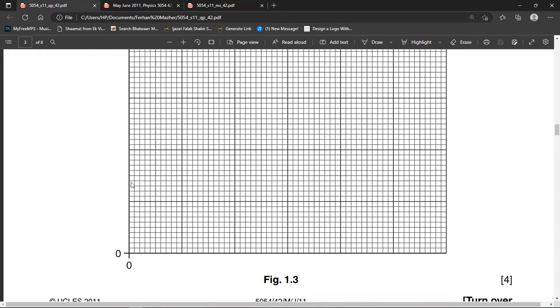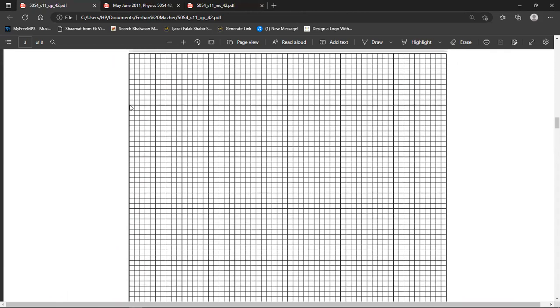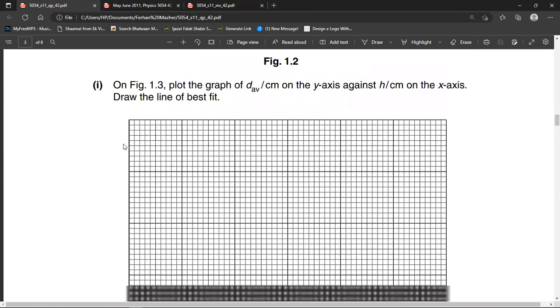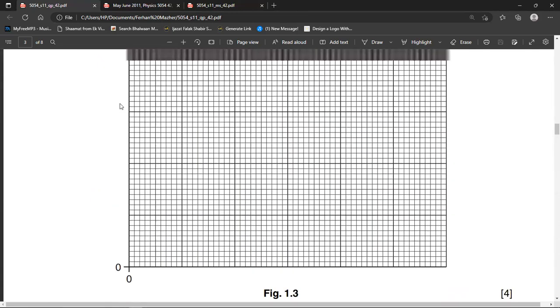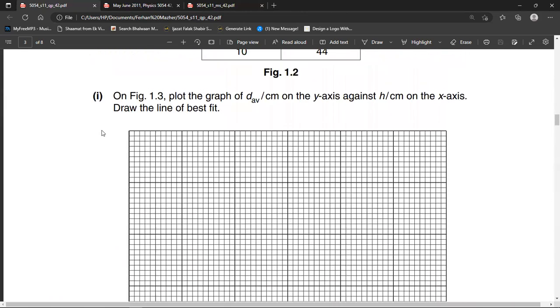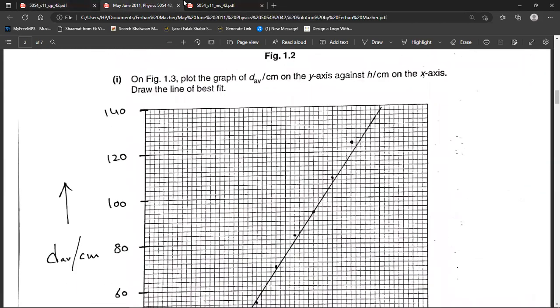So it can be 10, 20, 30, 40, 50, 60, 70. It cannot be like this. Then it can be 20, 40, 60, 80, 100, and 120.